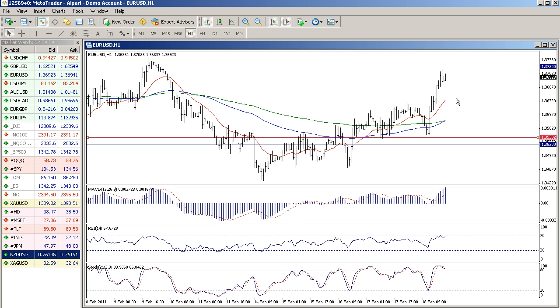So a quite bullish pattern here on the hourly chart, and it tells us that the path of least resistance here is on the upside.